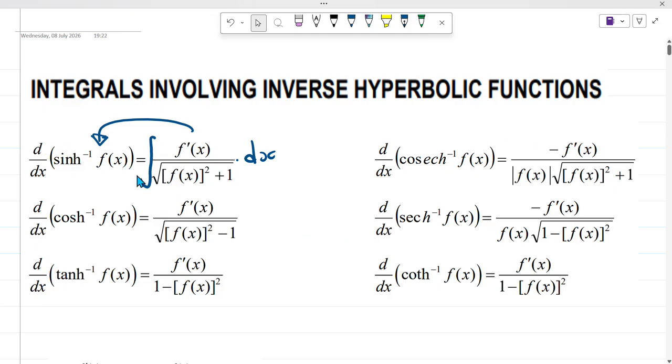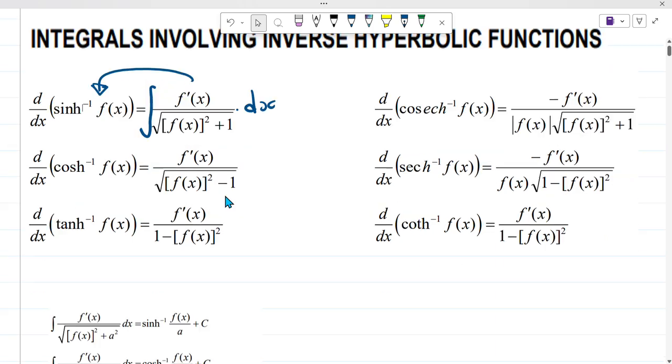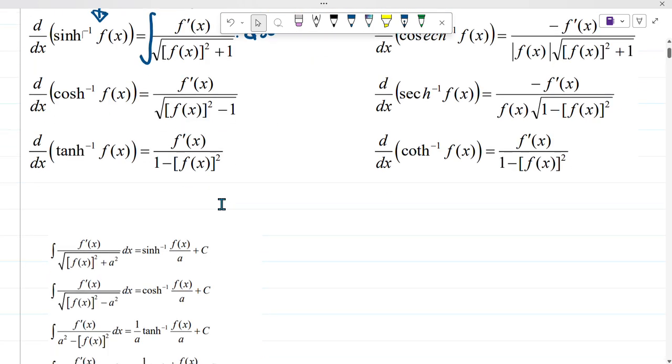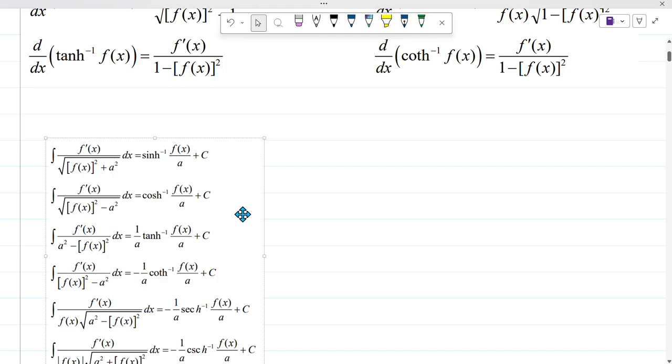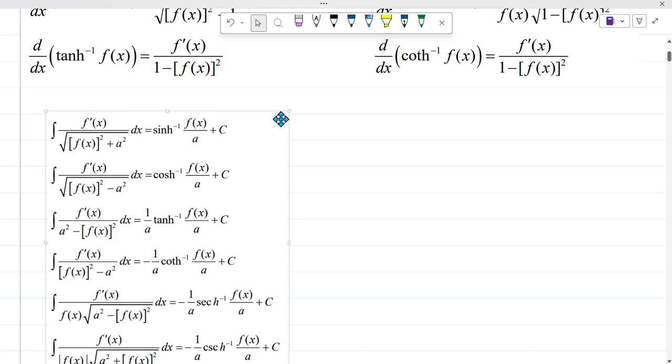But before you make any conclusion, you should first make sure that on your numerator, you have the derivative of whatever is squared here. You understand? I'm going to do examples and an activity down there to quickly show you how it's done. So stay tuned.